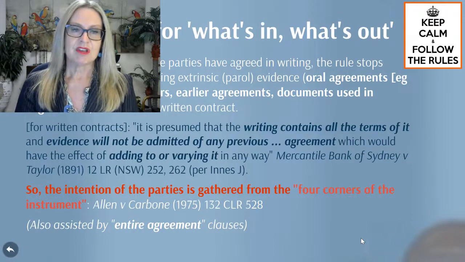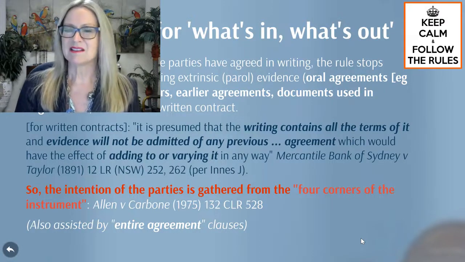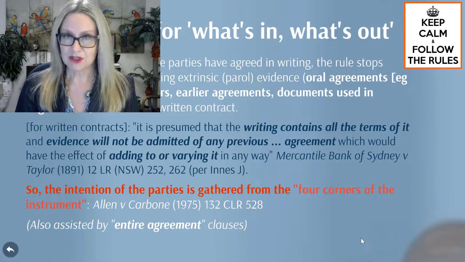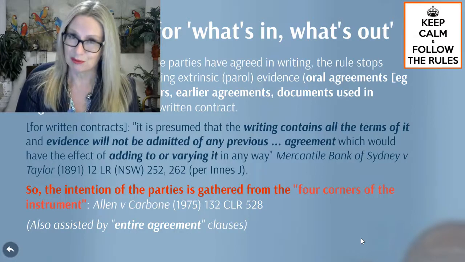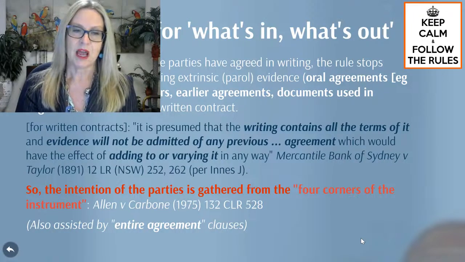Okay. The other thing that might assist in finding out what terms govern the parties' bargain is what's called an entire agreement clause, and this is basically just an express form of the parole evidence rule that gets chucked into contracts, usually as a boilerplate clause at the end of the contract, in the fine T's and C's at the end there.